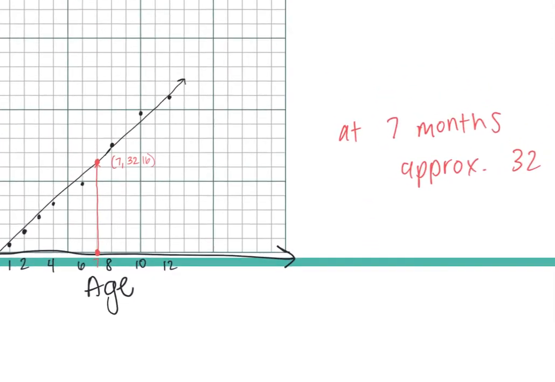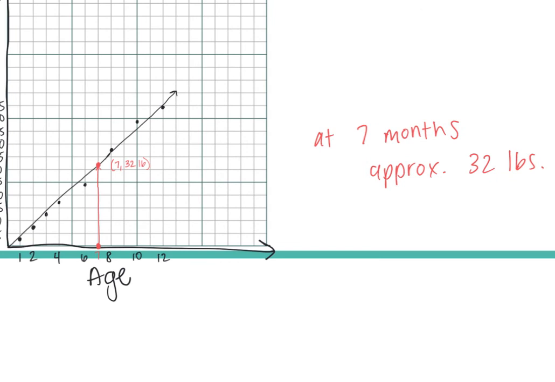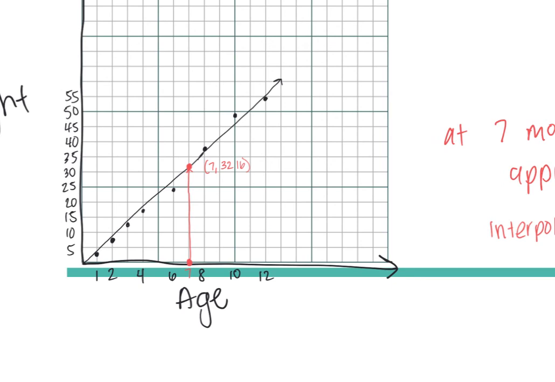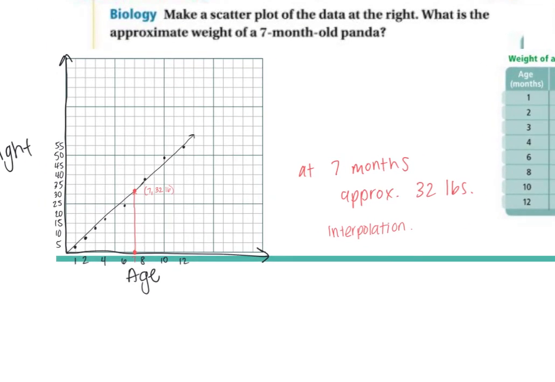And guys, was this interpolation or extrapolation? Why? Good. It's in between all of our points, right? If we were to say, what's the weight going to be at 20 months, that would be extrapolation, okay?